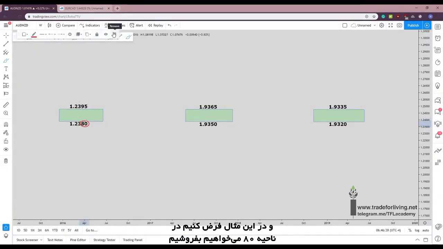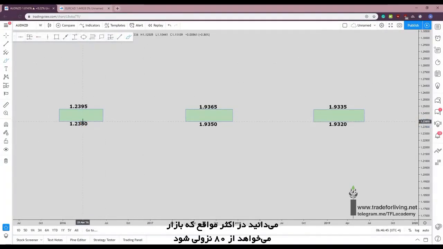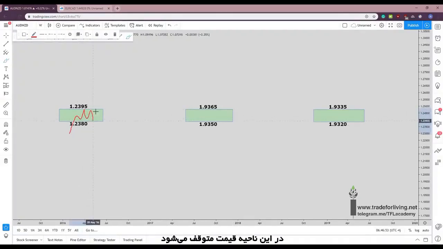You have to take this for granted at the moment. However, you know that most of the times when the market needs to go short from the 80, it will stop inside of this area of price. The market will be rejected somewhere between the 80 and 15 pips above the 80.